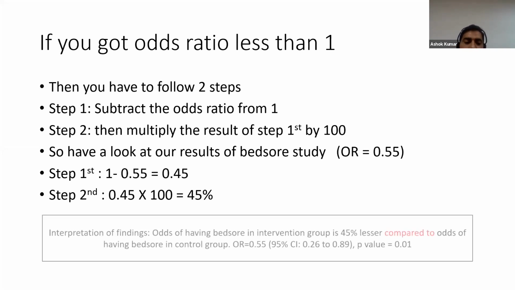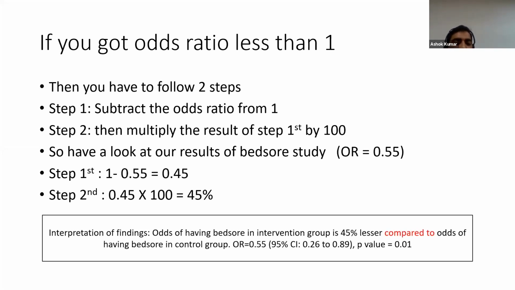How do you interpret 45%? What does it mean? Odds of having bed sore in the intervention group is 45% lesser compared to odds of having bed sore in the control group. But you have to give OR in the form of 0.55 as well; you cannot change it. Very good, 45% lesser.